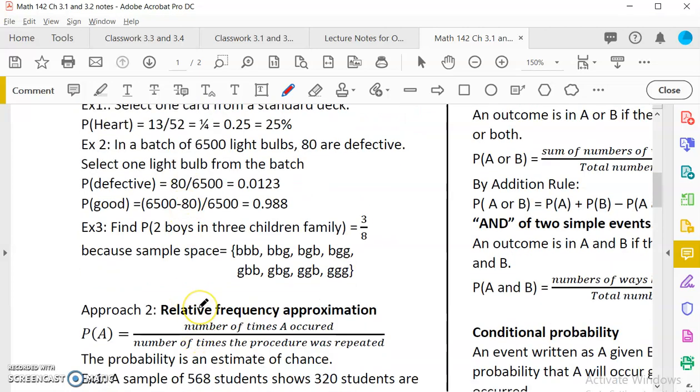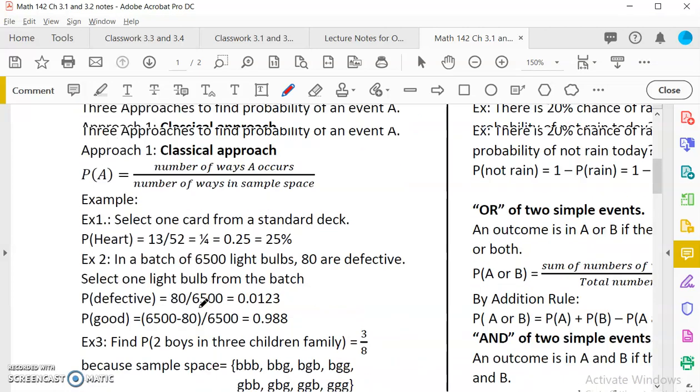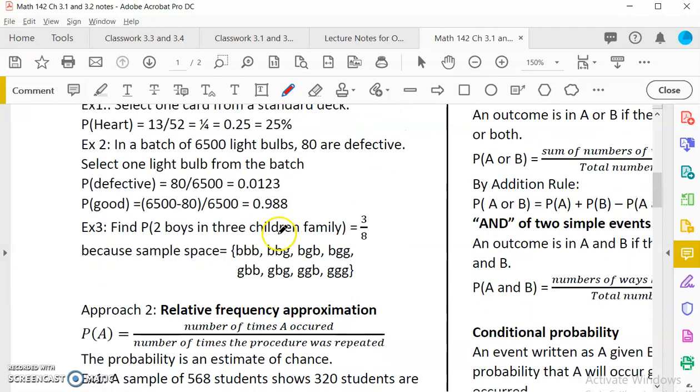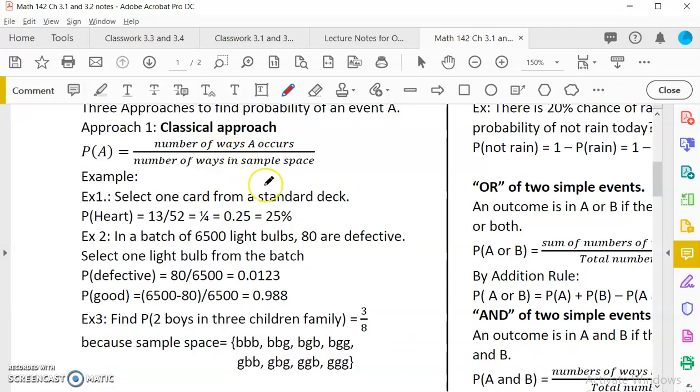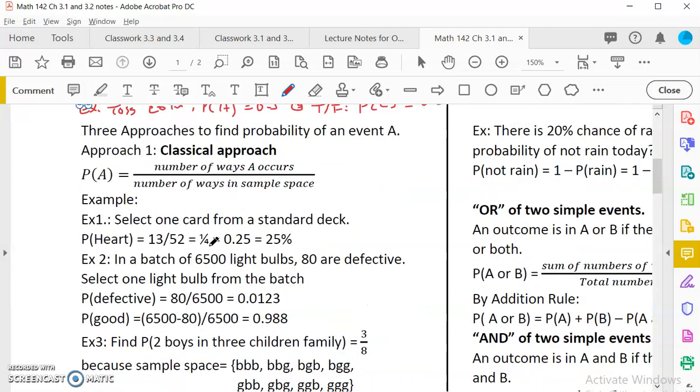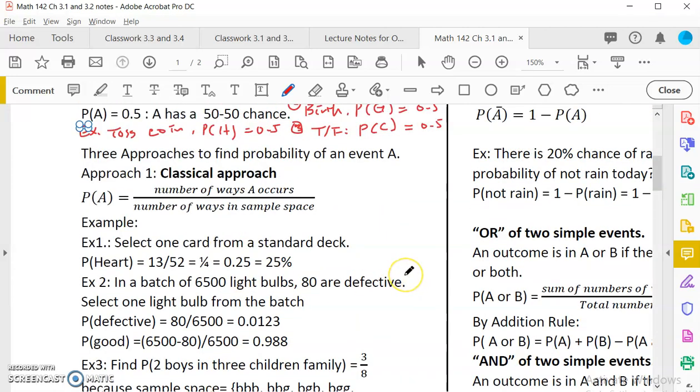The second is the relative frequency approach. The third is just subjective estimation. Of course, 1 and 2 are the most standard ones. Approach 1 is more mathematical, and approach 2 is what statisticians use. That means you collect data and use the data to represent the probability.